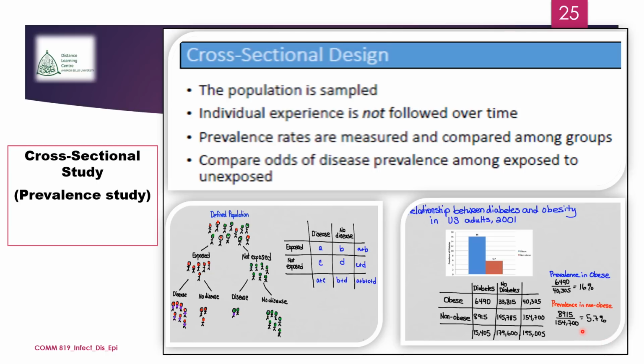That means you can now confidently say that obesity is highly associated with diabetes. Obesity is the risk factor here. Diabetes is the disease outcome. Okay? Alright.